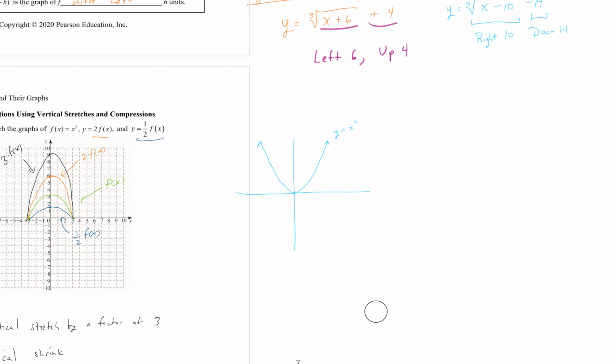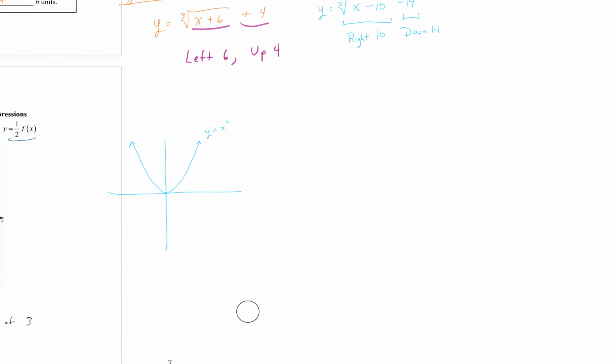Now, I told you I was going to draw it. The reason it's a little silly to show you visually how you stretch a parabola vertically is that a parabola doesn't have a defined height. The parabola is already infinite. It goes up forever. So how do you stretch an infinite graph?